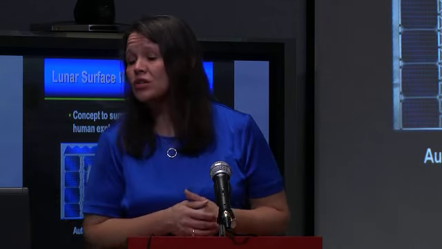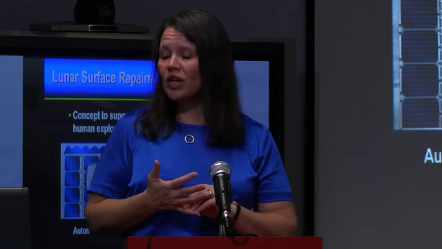If we're going to go and set up any sort of operation, I'm not going to go so far as to call it a colony, but to set up any sort of operation on another facility or on another being and have long-term longevity there, you're going to have to be able to support what you bring along. And so this is one of the tools that we've proposed they may need to do that.